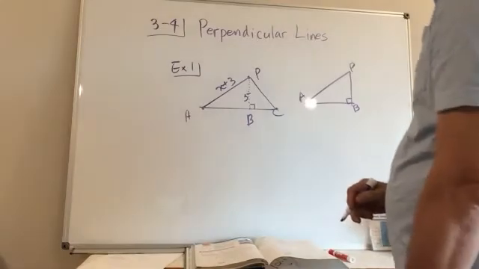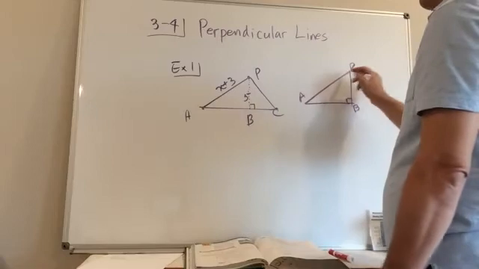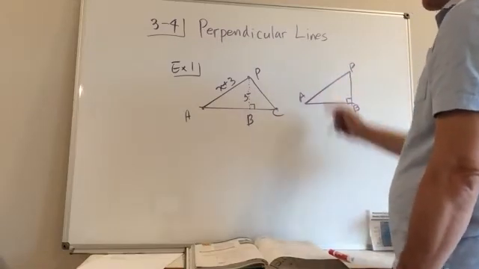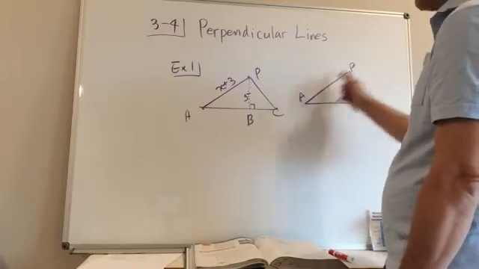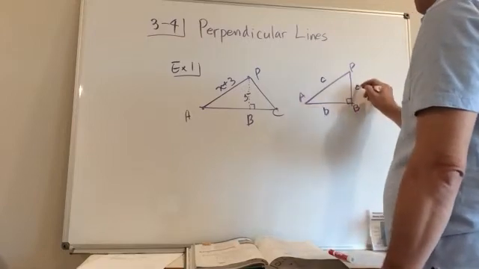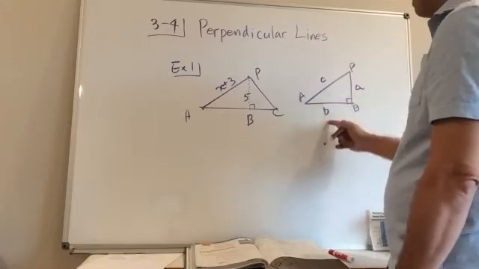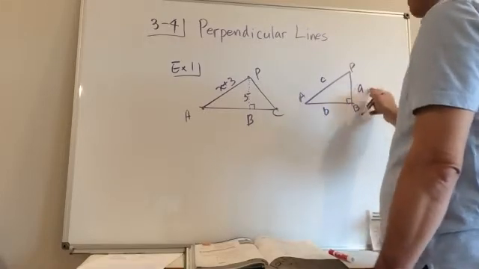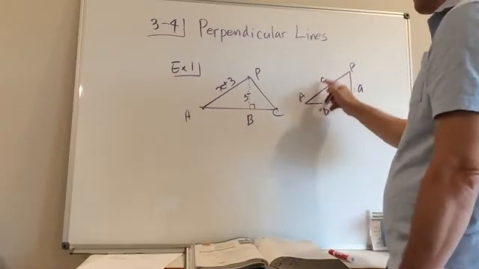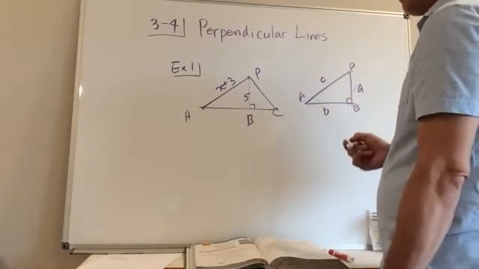So we know that the hypotenuse is going to be longer than PB, this leg, because the hypotenuse, by definition, is the longest side. If you have A squared plus B squared equal to C squared, which means that C has to be longer than A by definition.